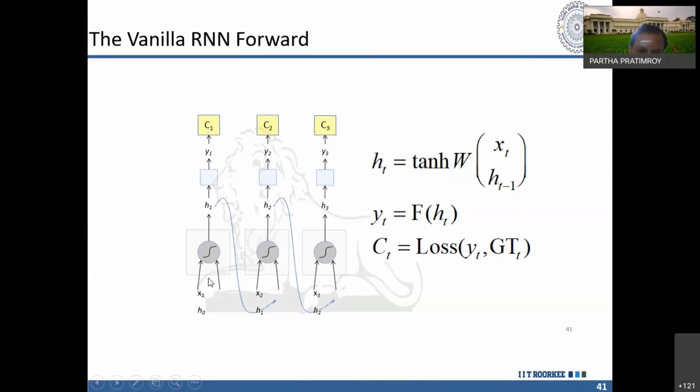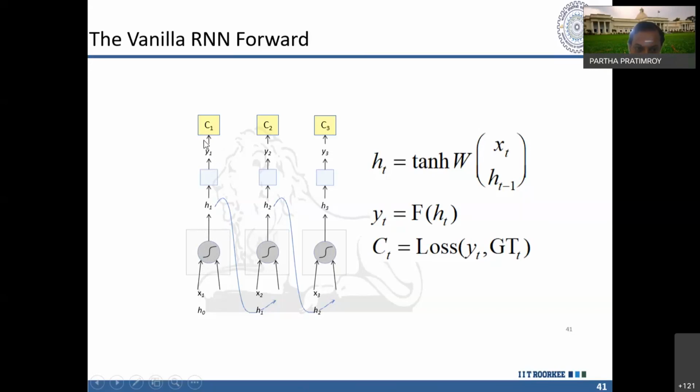So you have this x1 and this h0. What will be the function? w1 x1 plus w2 h0 plus b. This is the total input, and then you apply a sigmoid or tanh function, and you get the final outcome h1, and from this h1 you make predictions, either y1 or y2.